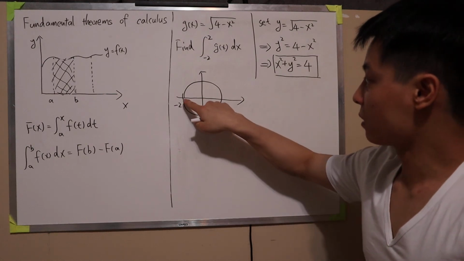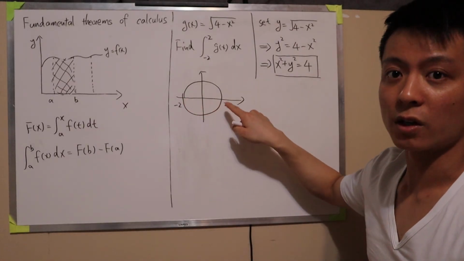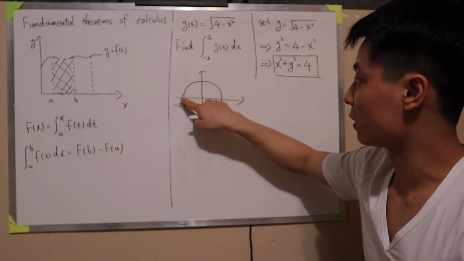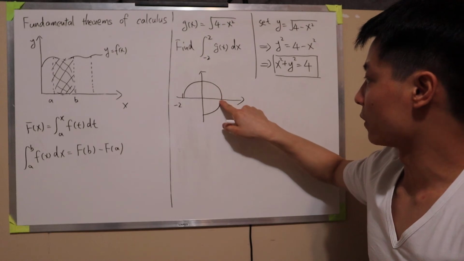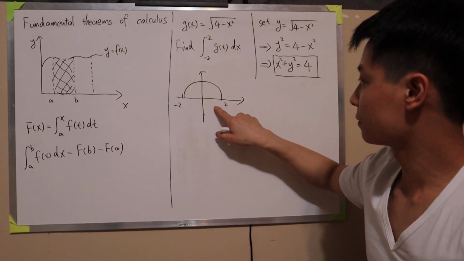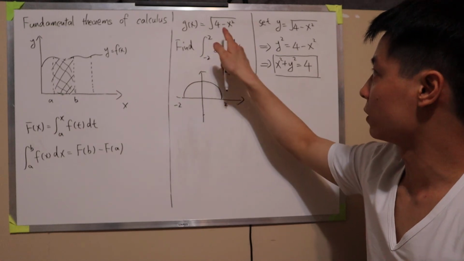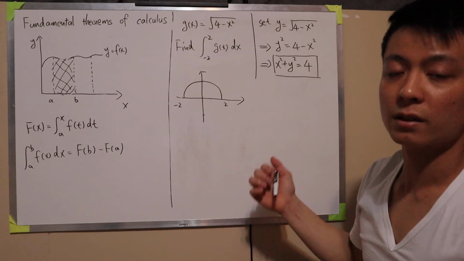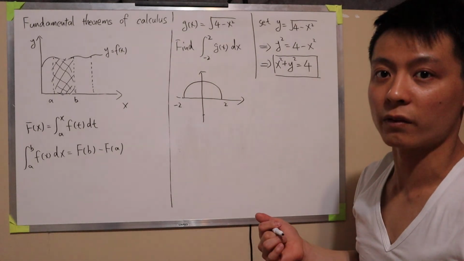So it means that the lower part, the negative part of this curve, is not included. So you only have the upper half of the circle here. You don't have the lower half, right? The upper half is the curve given here, because the square root always means a positive, or at least non-negative, thing.